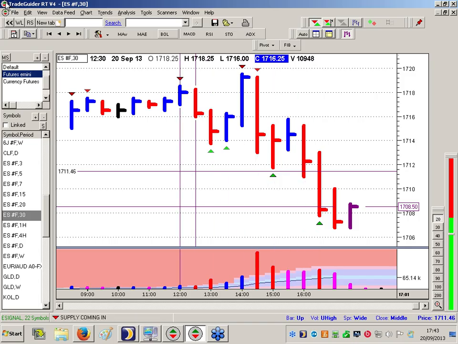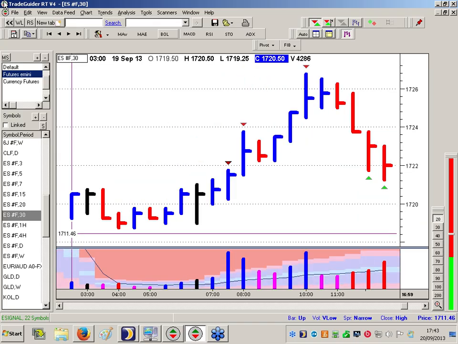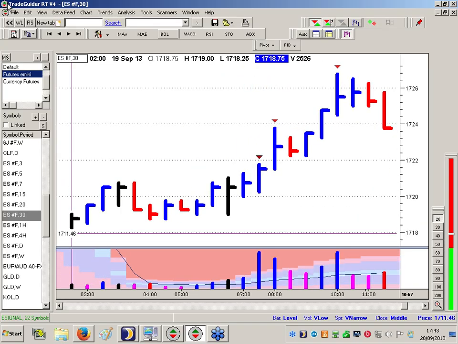Now, I'm not sure if I could show you an up move. I mean, there's one here, look. Once they're in control, you allow a blue up bar, allow for one down bar, and ignore bars at a level.